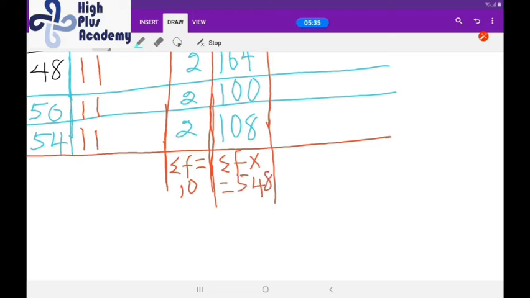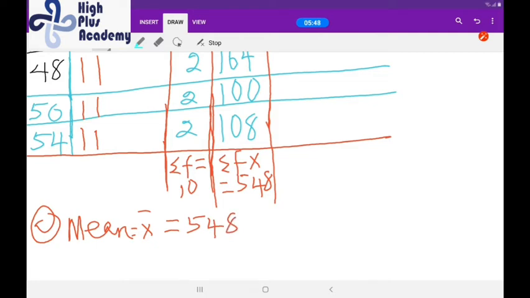Therefore, our first question, the mean x bar, will now be equal to summation fx, that is 548, divided by 10, and that is 54.8, and that is that.